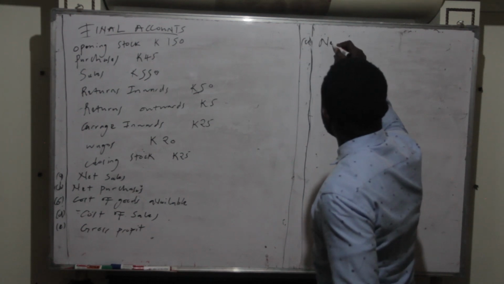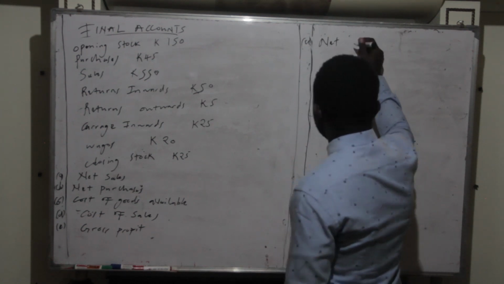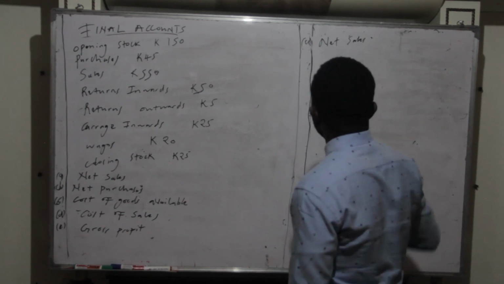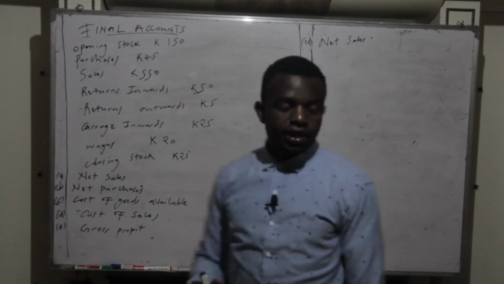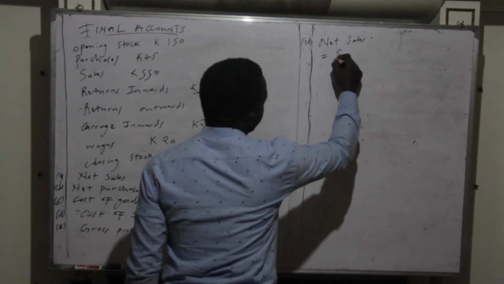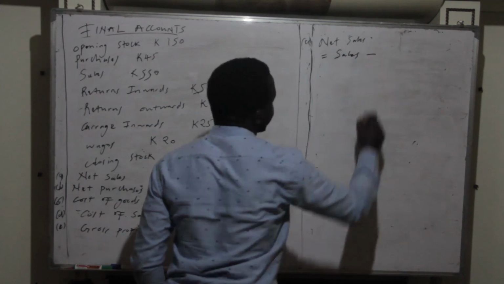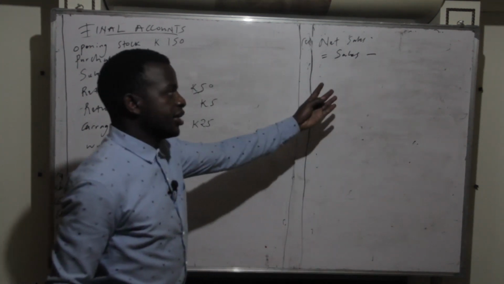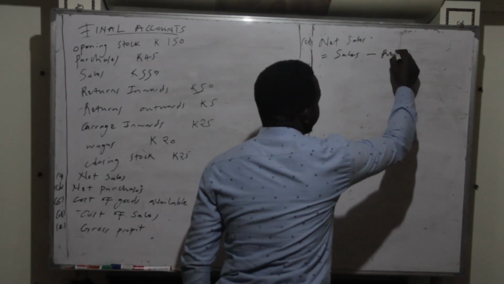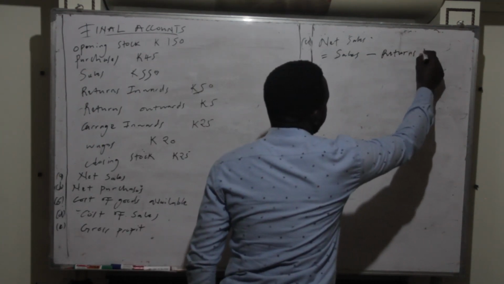So our A, we are supposed to calculate the net sales. And for us to calculate the net sales, we know that we use the formula sales minus sales returns. And we know that our sales returns can also be referred to as the returns inwards.